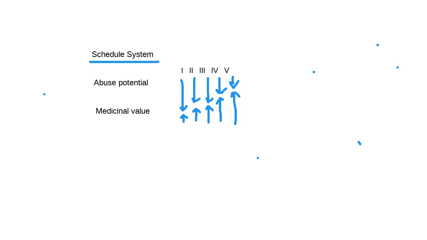So it stayed at Schedule 2 for that reason. And if you notice, benzodiazepines like Xanax and Valium and Klonopin are Schedule 4s, which are very high in medicinal value and low in abuse potential, and yet we know that they're very highly addictive.